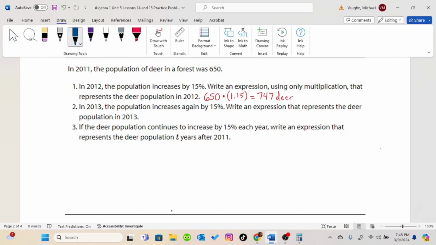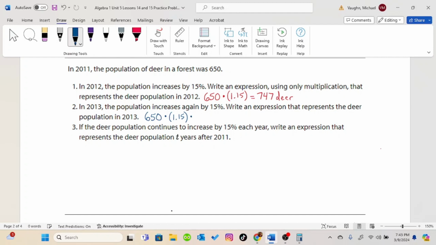In 2013, the population increases again by 15%. Write an expression that represents the deer population in 2013. So again, we could do what we did in number 1, the original 650 times the first year increase of 15%.